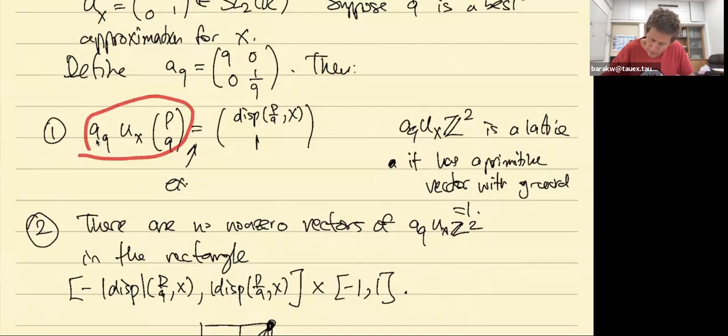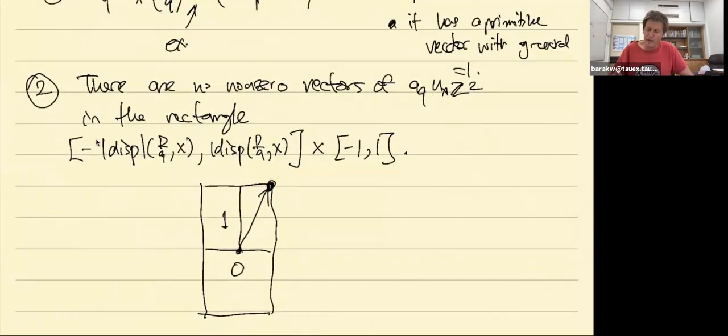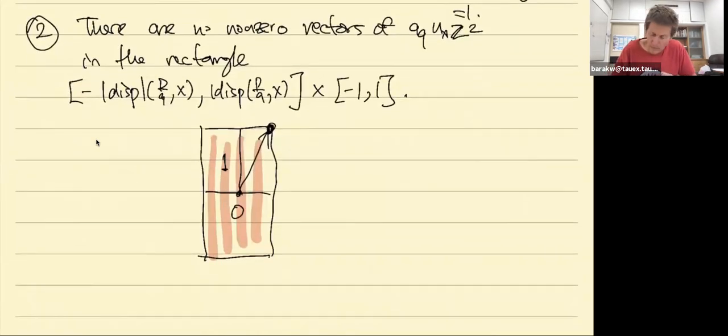It has its endpoint right here. And the rest of the region, this entire region here, contains no other lattice points except for 0. That's just a characterization of the best approximation vectors.